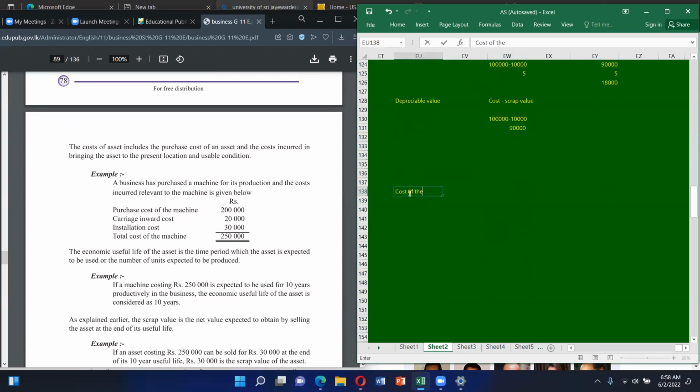Cost of the assets: purchase price, carriage inwards, installation. Copy this down.